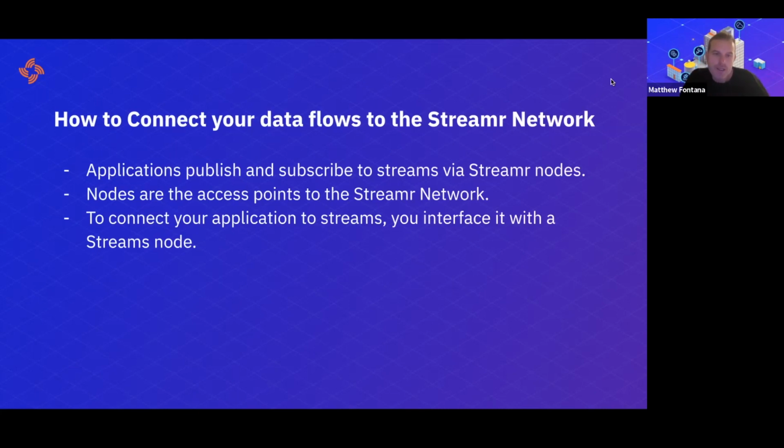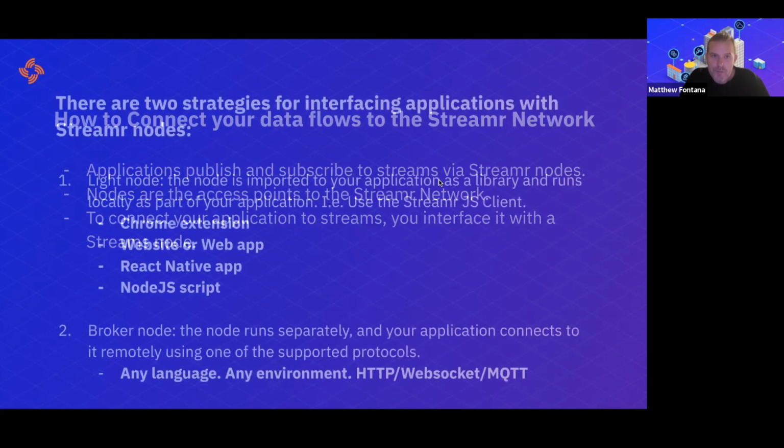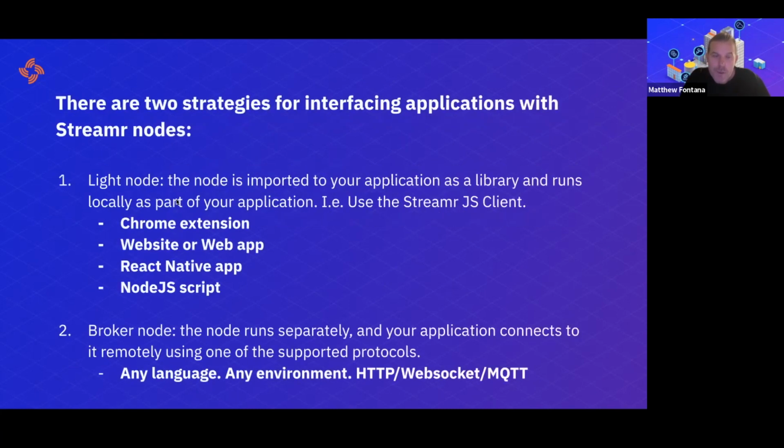So to connect your application to streams, you interface it with a Streamr node. There are 2 ways of doing this: the light node or the broker node approach. The light node is essentially just a JavaScript client that you can plug into anything that's running JavaScript.